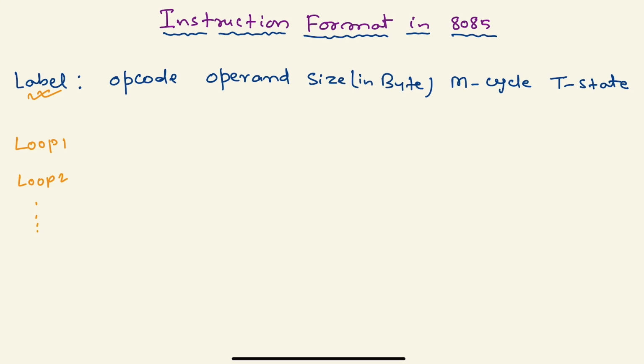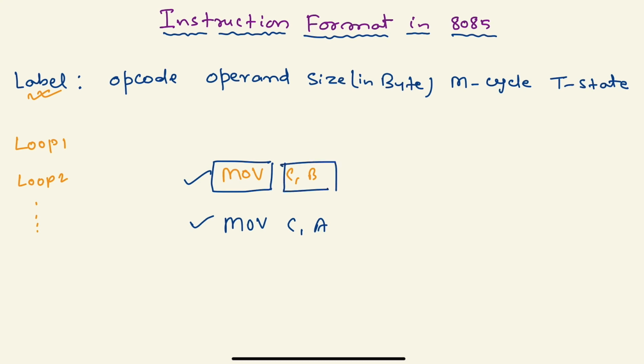After that, the second field is called the opcode. For example, let's say we are writing the instruction MOV C, B. Here this MOV is basically the opcode. The reason is, if we write MOV C, A, the similarity between these two instructions is that both are data copying instructions, but the dissimilarity is the operand.